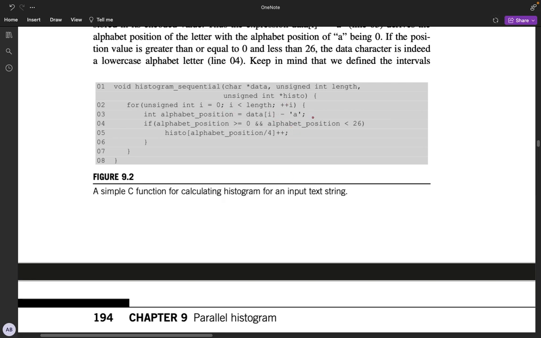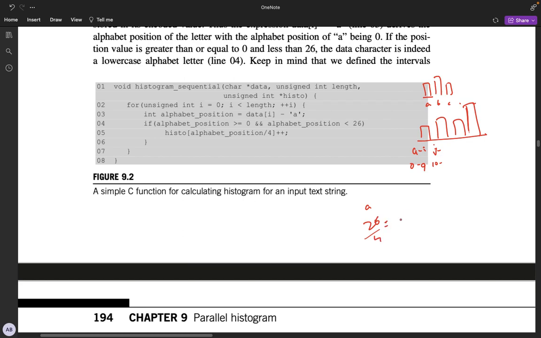For every alphabet in the document, we calculate the position of the alphabet, and let's say that instead of calculating the frequency for each alphabet separately, like A, B, C separately, we want to discretize it into 4 buckets, and the first bucket is responsible for calculating from A to, let's say, I, from 0 to 9, or 26 by 4.